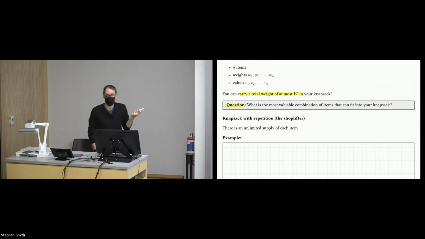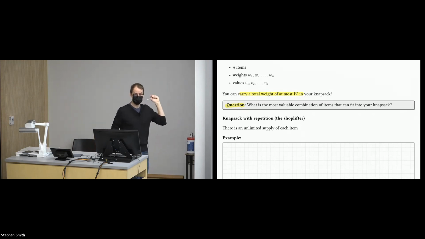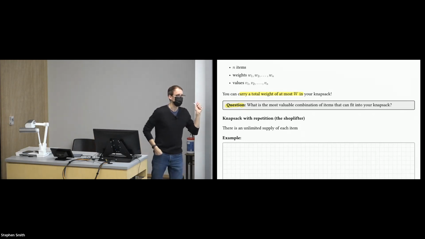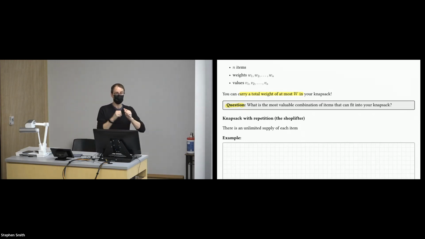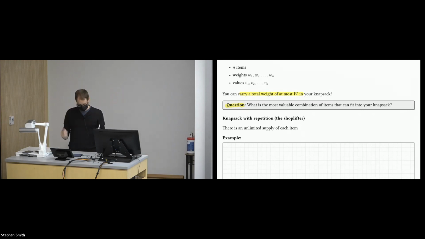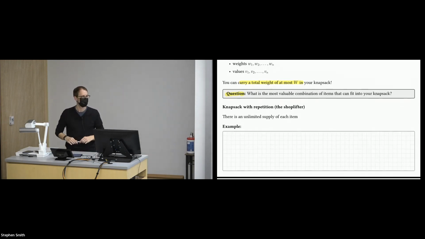Now your solution could be to just take all of one big stack of things. But if that doesn't nicely add up to your capital W, you might have a little bit of space left, in which you can shove something else. So the fact that you have a capacity W is what makes the problem challenging, because you want to utilize your knapsack as best as possible while maximizing your loot.